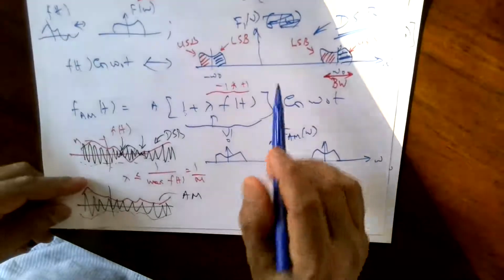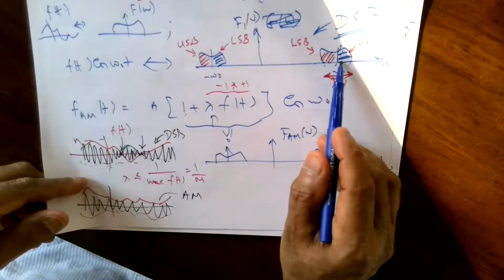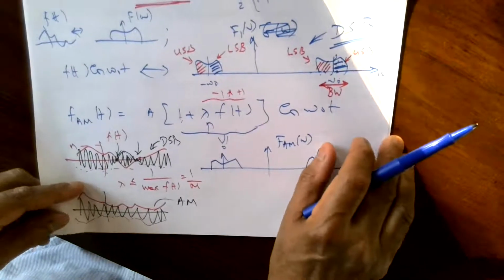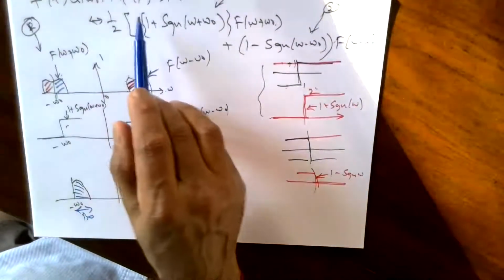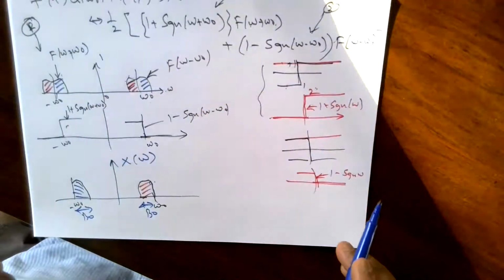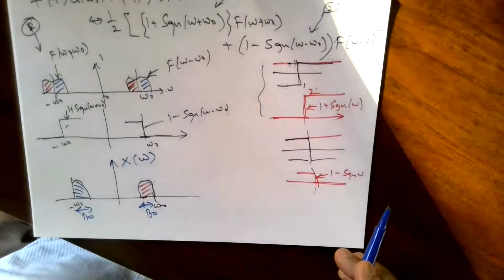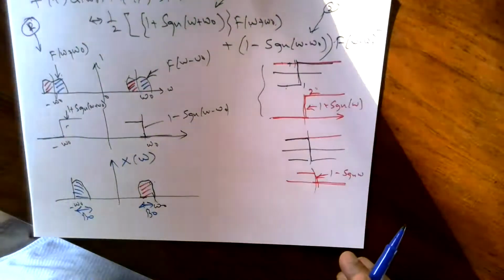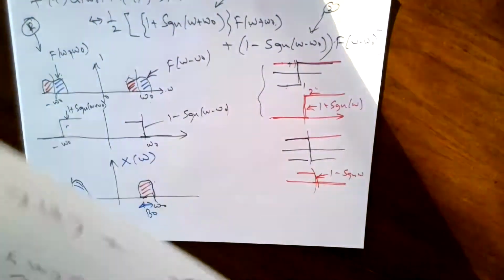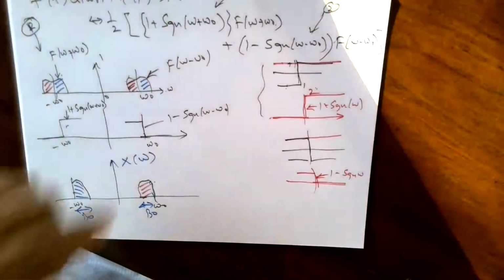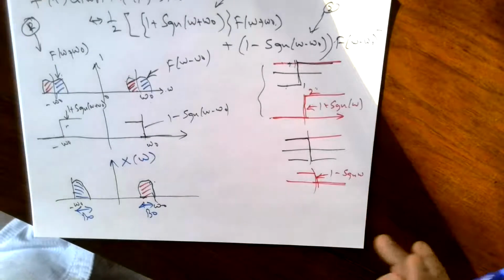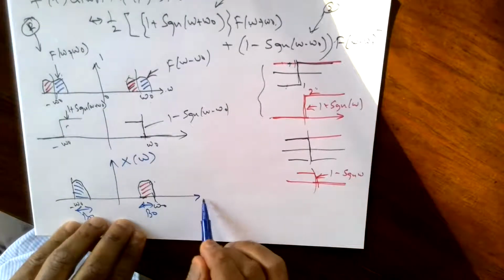In the previous case, if you didn't do the Hilbert transform, you'd be transmitting both the sidebands in DSB. But as I said, this transmission becomes a little more complicated because now you have to worry about how to implement the Hilbert transform, and it has got sharp edges. So those filters are going to be practically difficult.